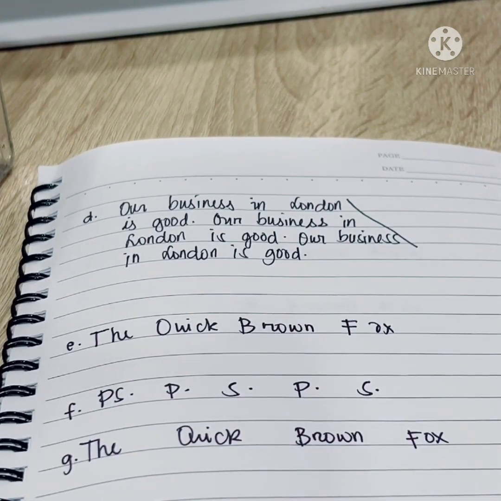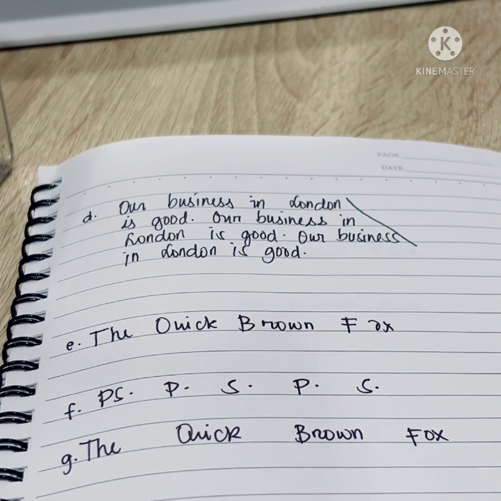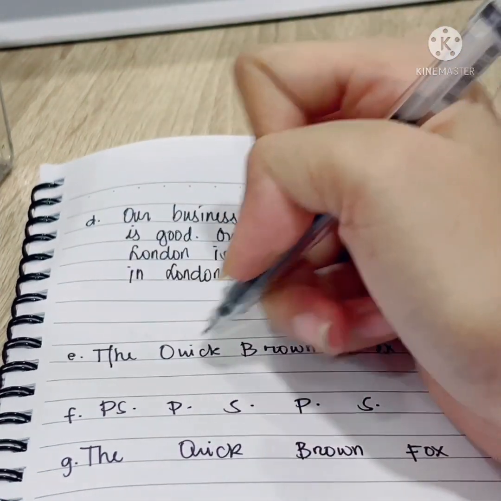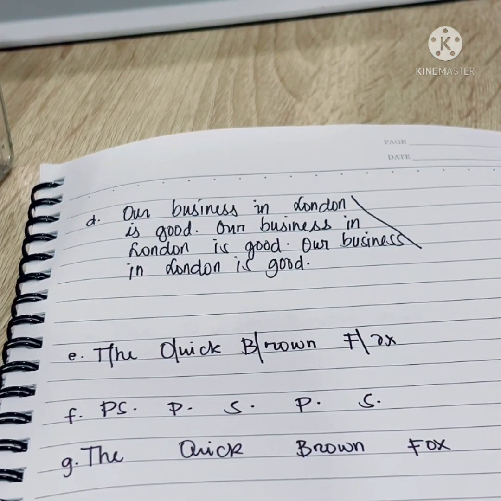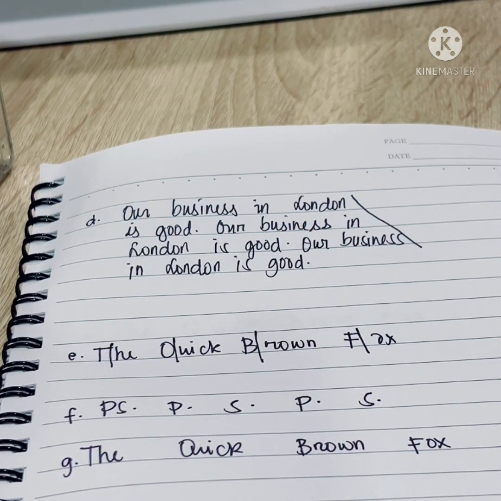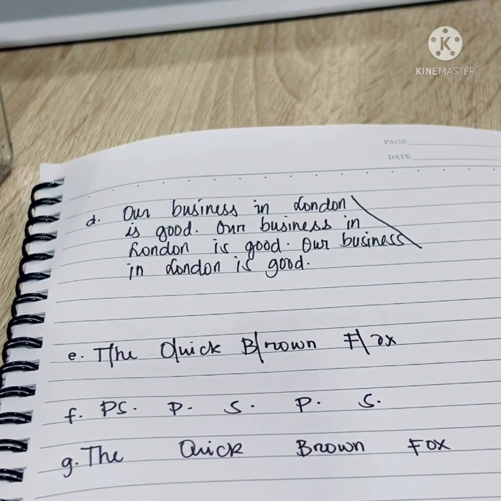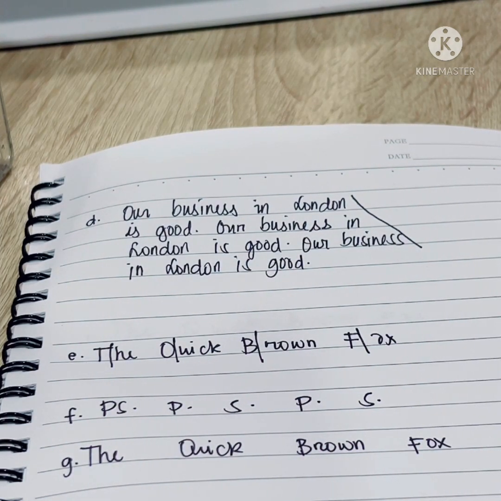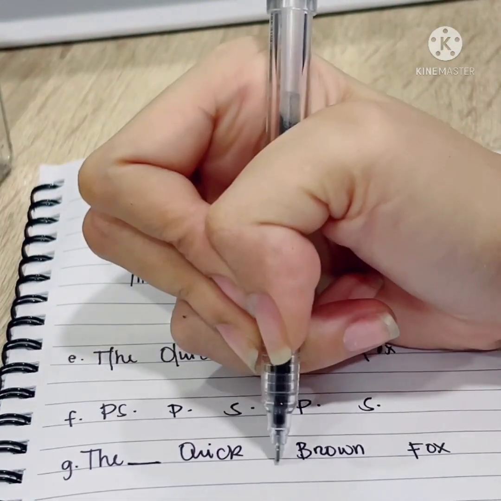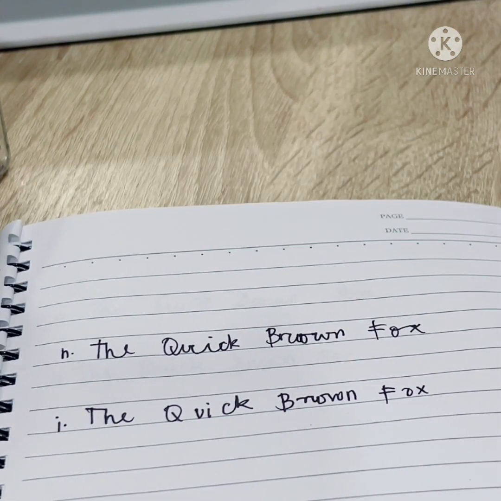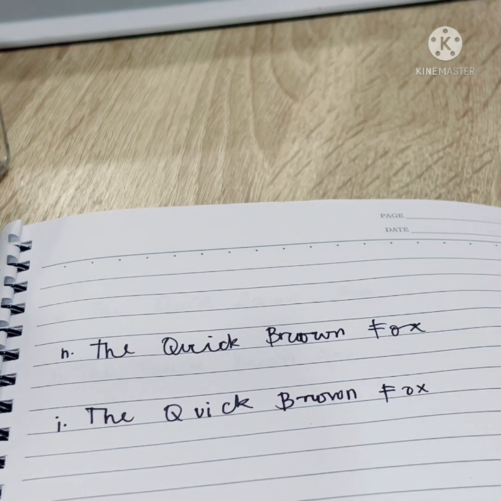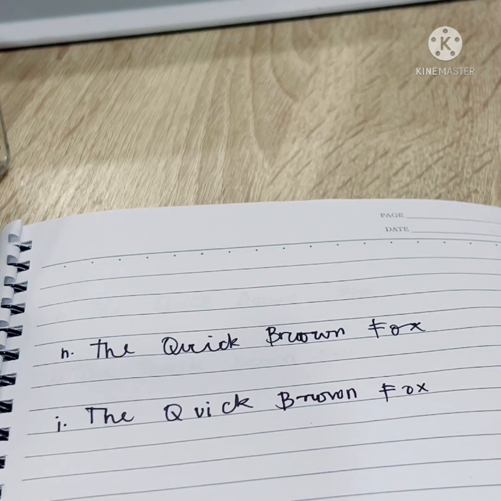E. Space between capital letters and small letters. F. Space between capital letters. G. Space between word formations. H. Connecting strokes spacing. I. Proportion of breaks and or spaces between letters.